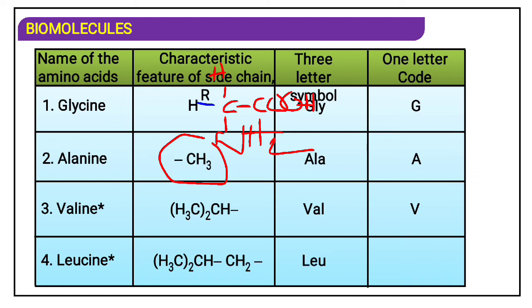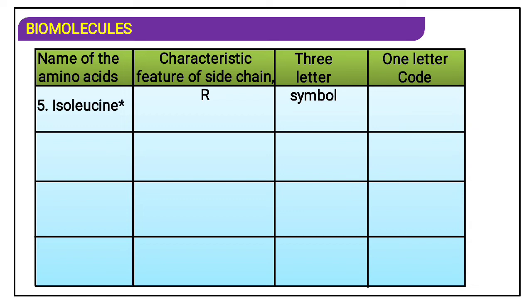After valine there is leucine. Okay, the leucine side chain is like this. Next is isoleucine. Next, this is the arginine.